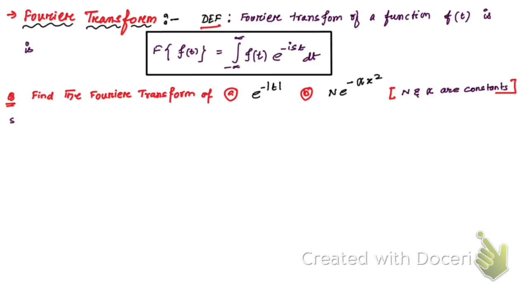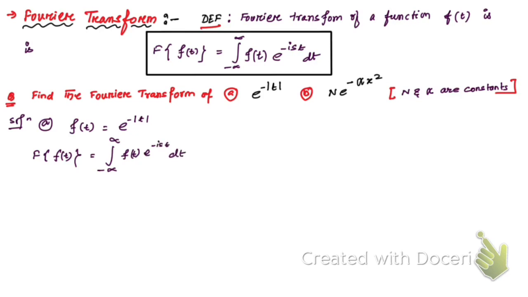Solution of a: the given function is, let me take f of t, e to the power minus mod t. Now by the definition of Fourier transformation, the Fourier transformation of f of t is the integration from minus infinity to plus infinity of f of t e to the power minus i s t dt. Here f of t is nothing but e to the power minus mod t.